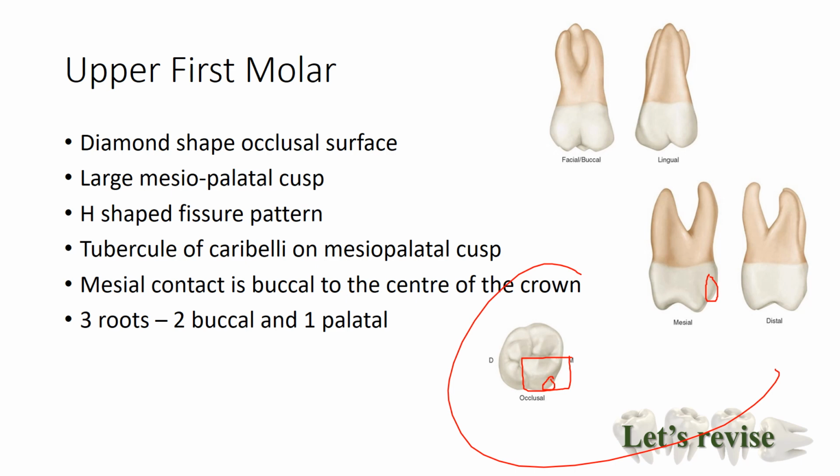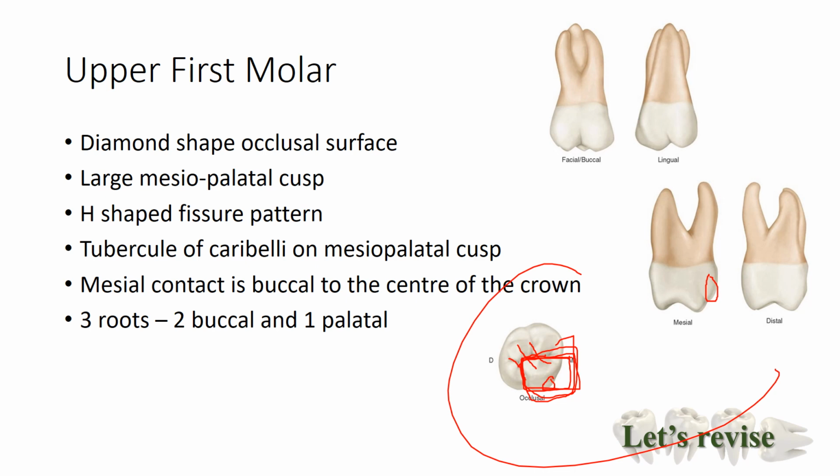And then we have our occlusal ridge that goes across this direction. Our fissure pattern is H-shaped, but I've drawn all of this so you can see that so well. So H-shaped fissure pattern, really easy. What we're looking for, this is the mesiopalatal cusp. Once you've got your mesiopalatal cusp, you can rotate this tooth in the mouth to your heart's content.